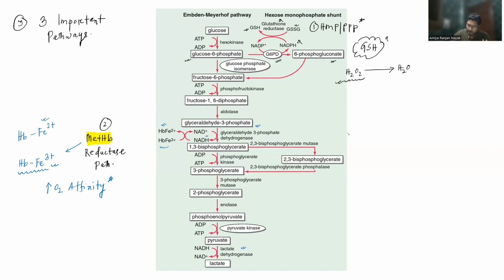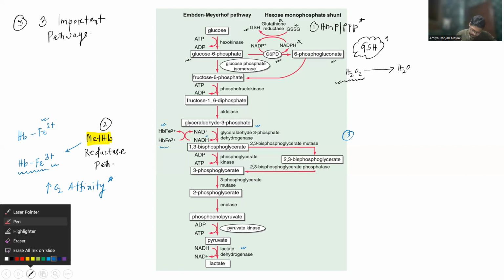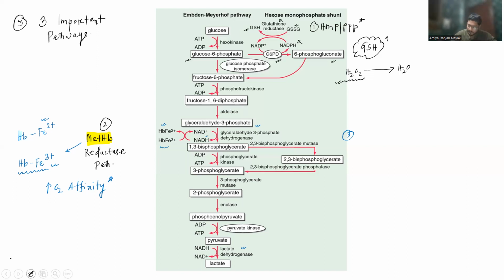The third important pathway is this one, which is known as the Rapoport-Luebering pathway. So what is this pathway?